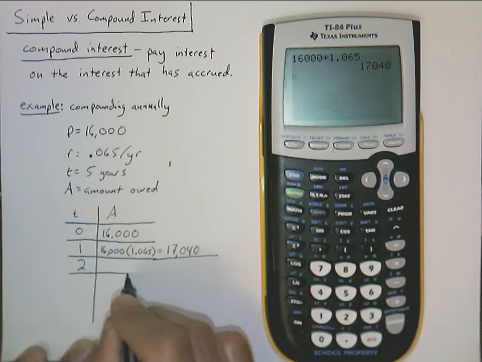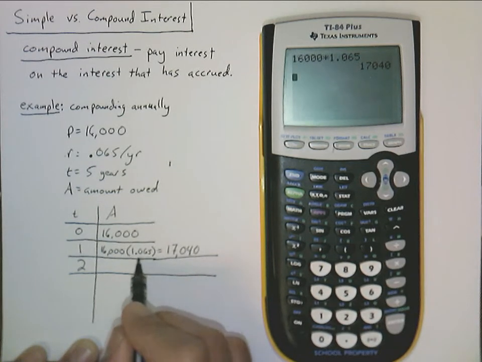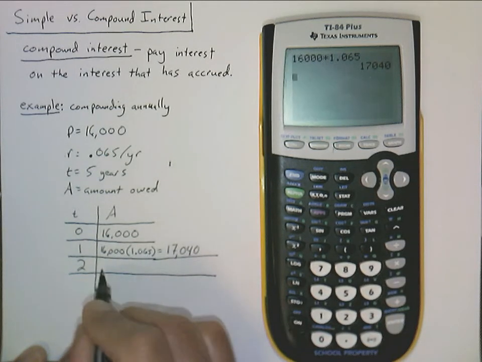Year 2, we're going to be paying interest not on just the $16,000, but on the $17,040, or looking at it this way as this amount, 16,000 times 1.065. So we need to take this new amount and multiply it by another 1.065.